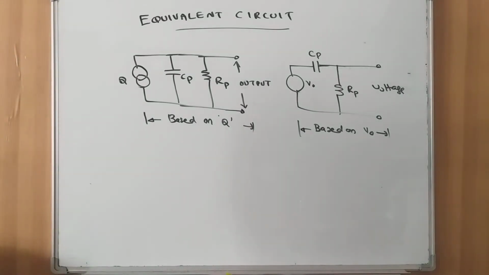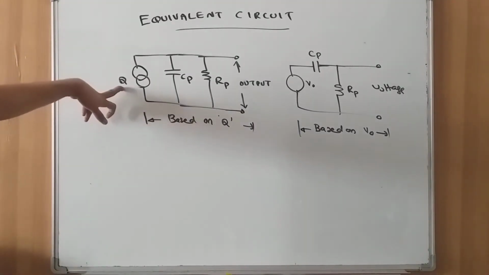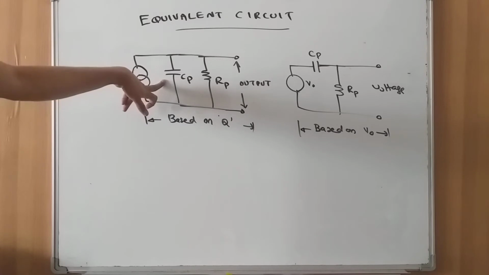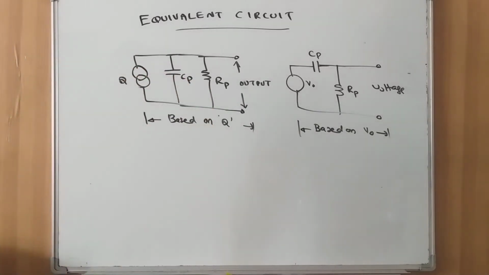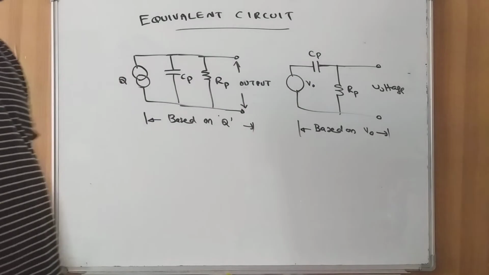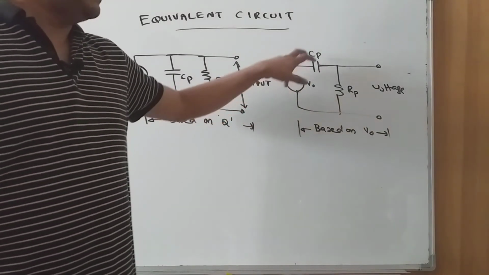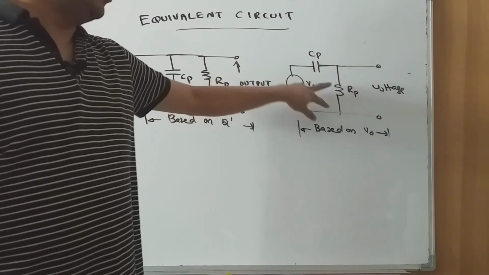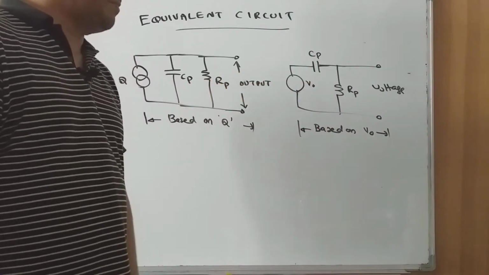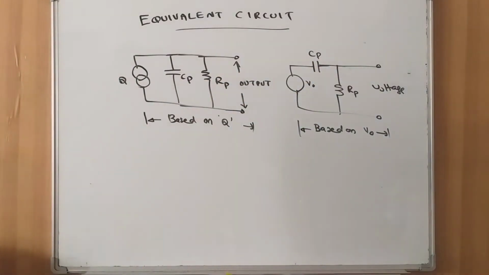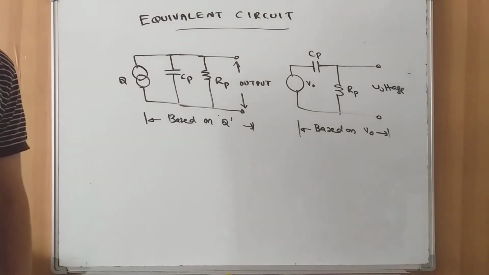Now, this is the Q, which is the charge, Cp is the parallel plate capacitor, and Rp is the corresponding resistance of the plate. This is a parallel circuit, and we will have the output at this side, whereas in the case of the voltage circuit, the voltage source is here, then there is a series capacitor followed by a parallel resistor, which is the plate resistor, which comes across the output terminals.